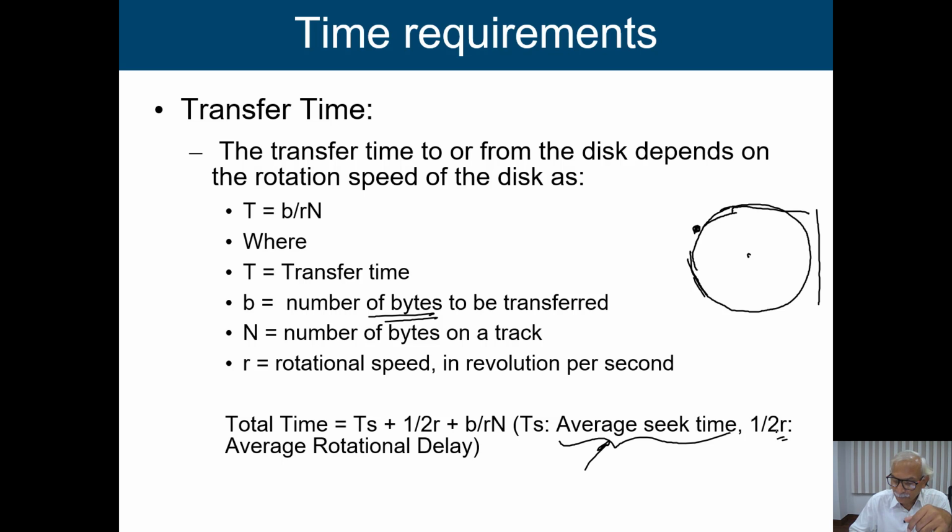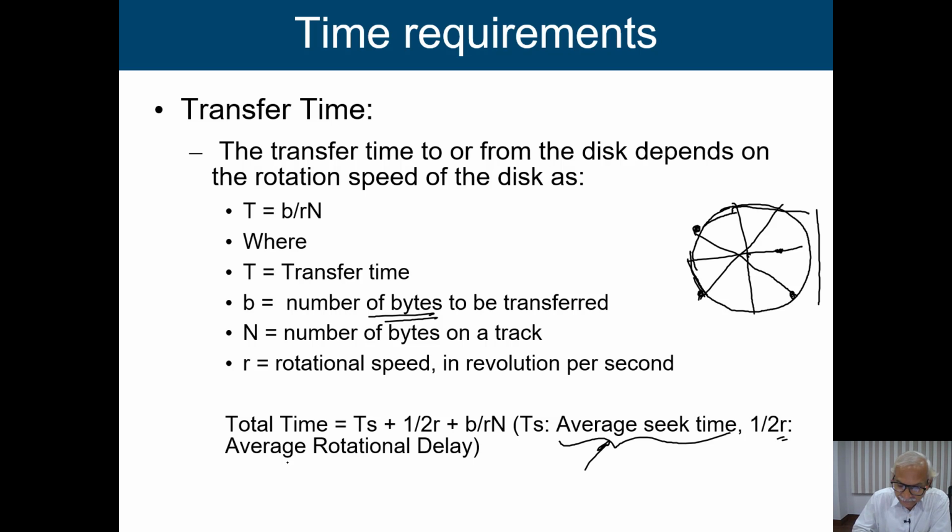We take half of it because sometimes we have to bring the sector below the read write head, so on average it is half of the rotational time. 1 by R is the rotation time and 1 by 2R is half of that rotation time.